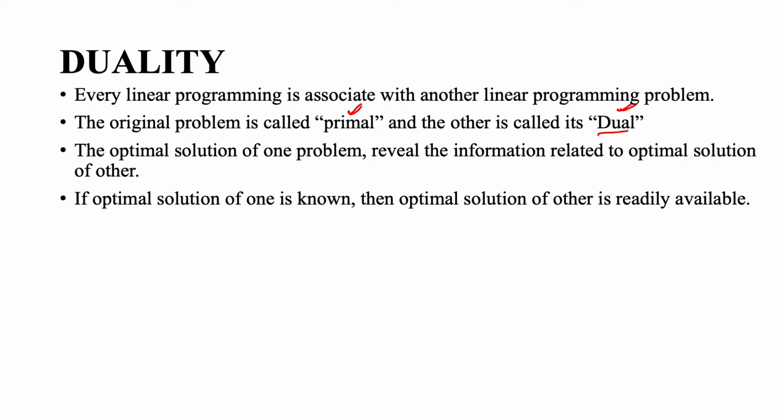So for each problem in LPP we have one dual problem. We are going to see how we can convert our primal LPP problem into a dual LP problem. Before that we are going to see what the standard form of a given LPP is. There are two types.